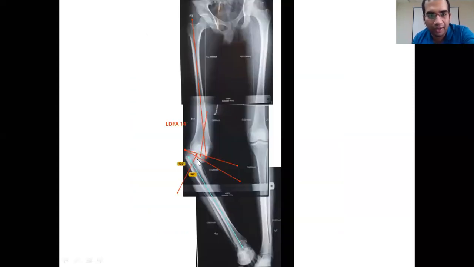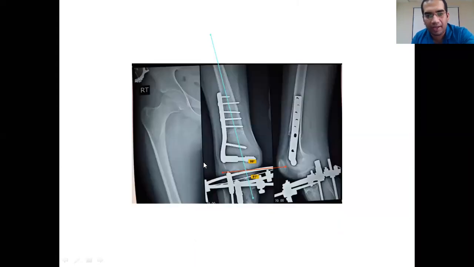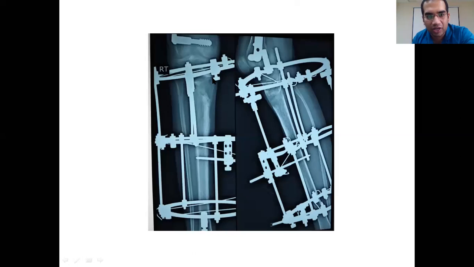As you can see here, this is the CORA, and the apex of the deformity here is touching the medial condyle. I cannot do a Rule 1 osteotomy over here. So that's why I planned a Rule 2 osteotomy. I did my osteotomy lower down, but I kept the apex of my hinge over the angulation correction axis.